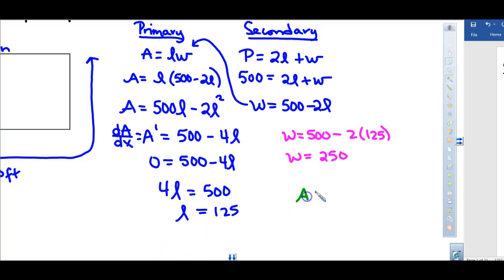So that means my maximum area is going to be my length times my width. So my maximum area is going to be 31,250 square feet.